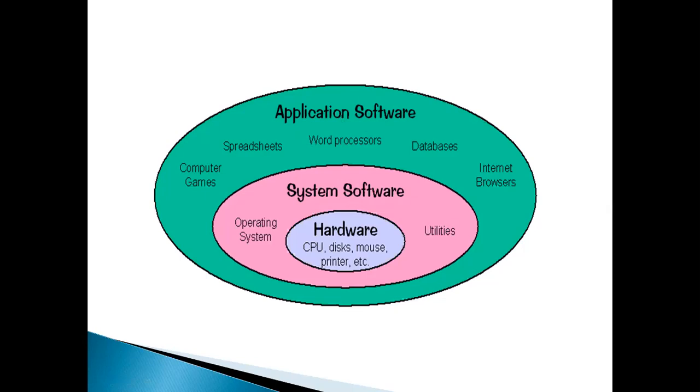So these three layers, hardware, system software, and application software, complete a system. If system software is not there, you cannot execute your applications on hardware. So these layers should be in this same fashion.